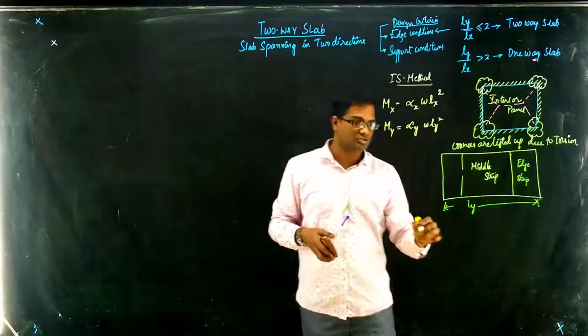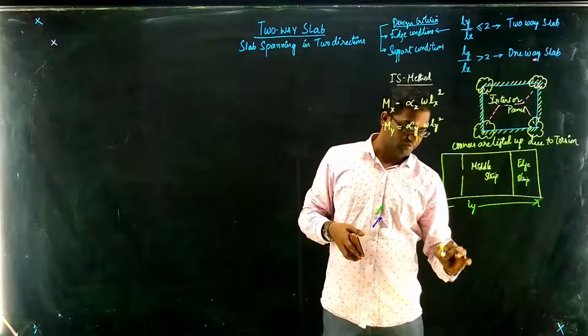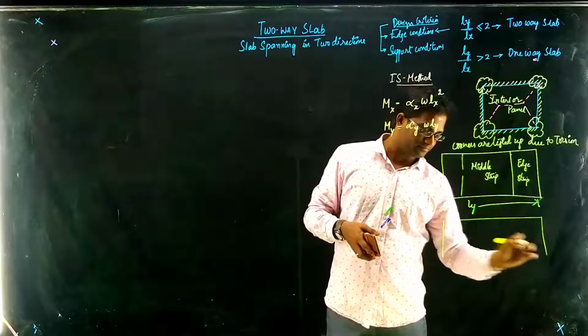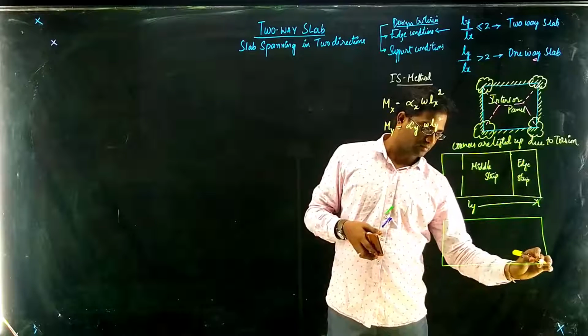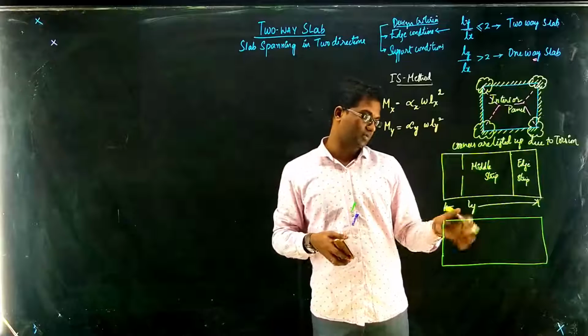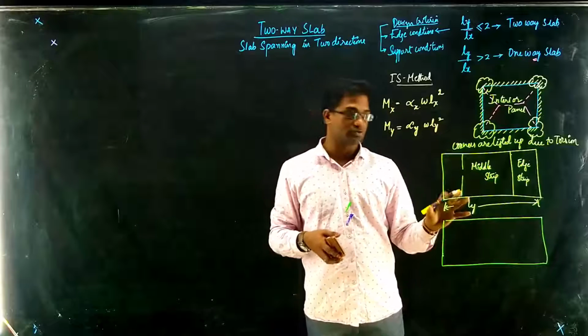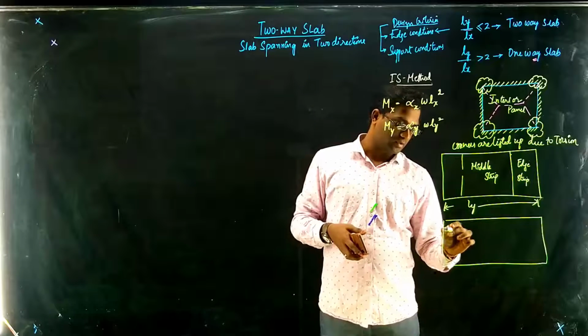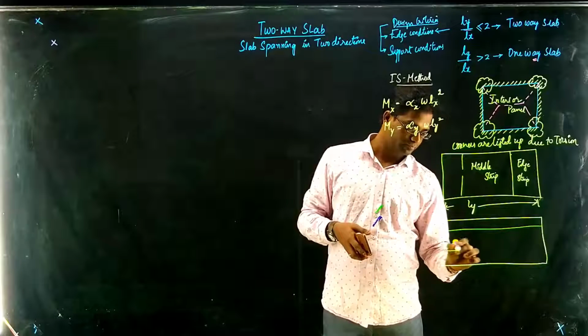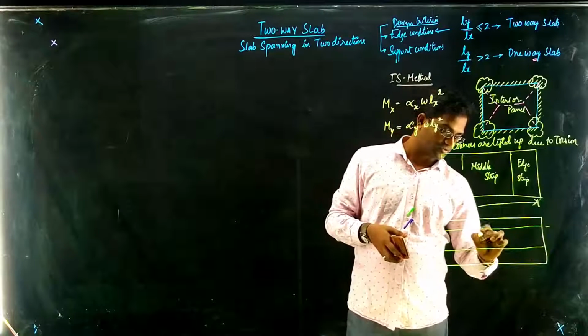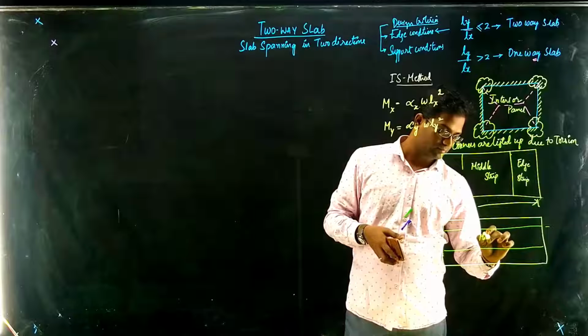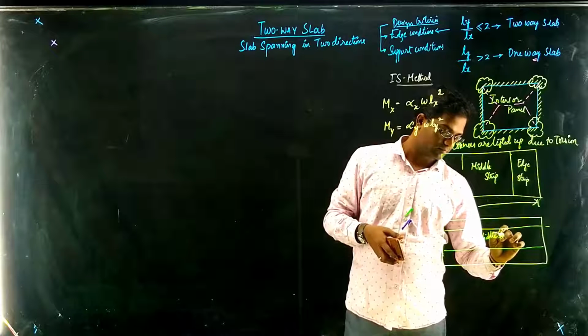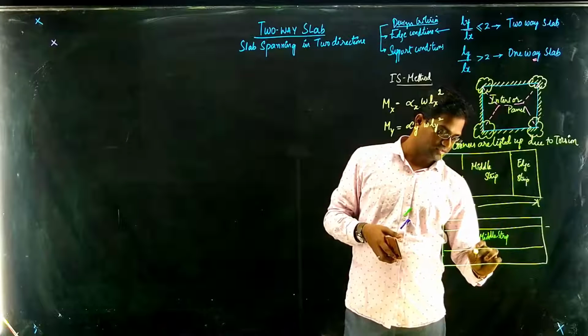For example, if I take the same slab, it is two-way only. It may look like one-way, but it is two-way. Let us assume that. Now, this is the middle strip. This is the edge strip.